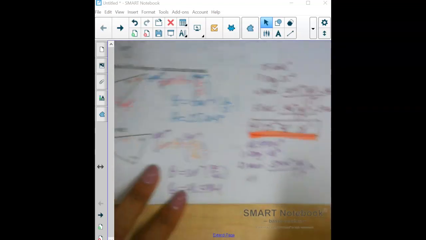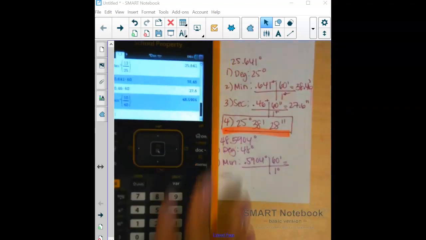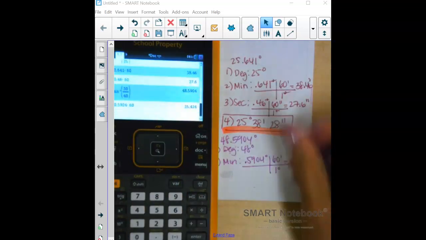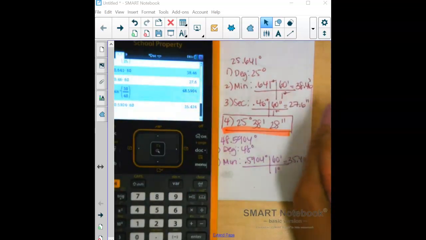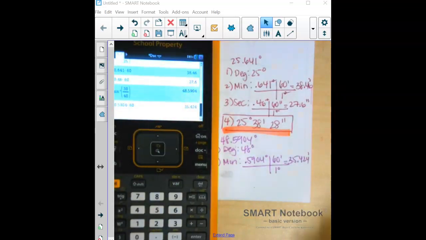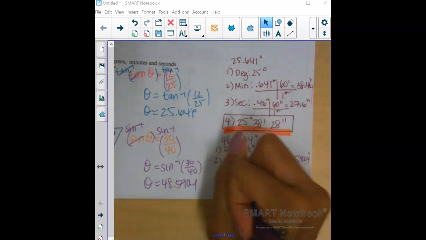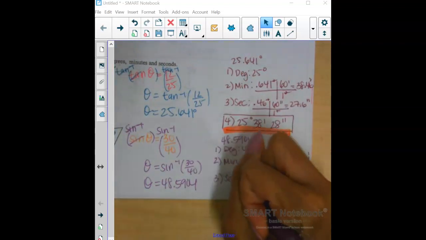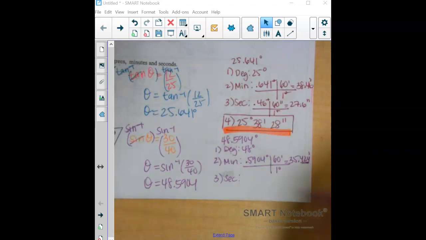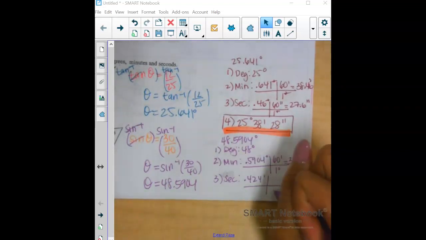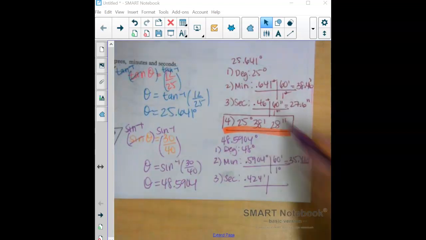I realize that I might be moving a little fast, but guys, I asked you to do this, and dimensional analysis you did back in IPC and Algebra 1 and middle school, so you've seen this a while. So we're going to make that 35.424 minutes. And then for my seconds, we're going to take the decimal here, which is 0.424 minutes, and we're going to convert that into seconds using the same conversion from above.